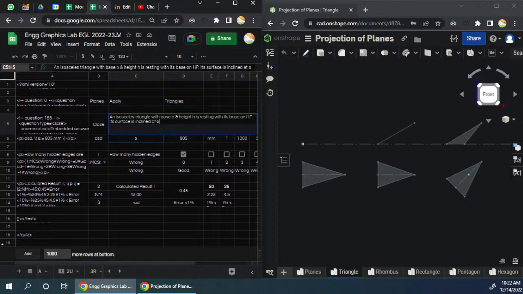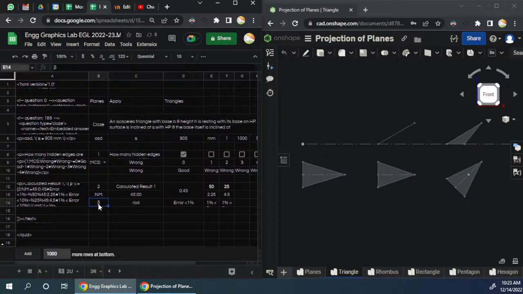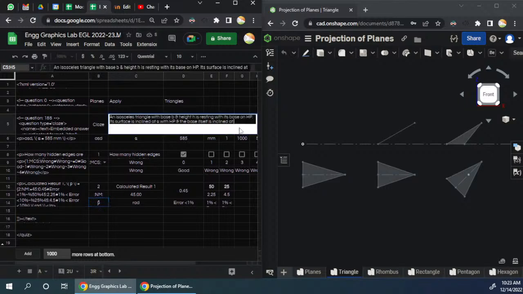So its surface is inclined at alpha with HP, and the base itself is inclined at beta, so beta with VP. Draw its projections and answer the questions that follow.